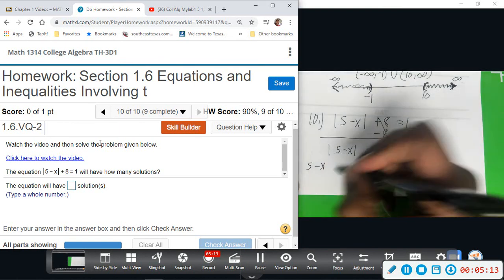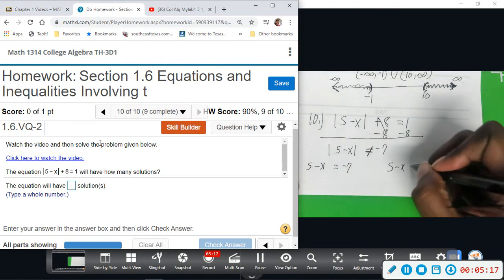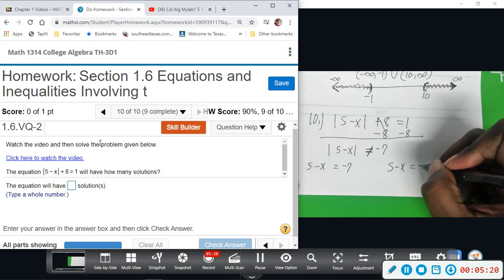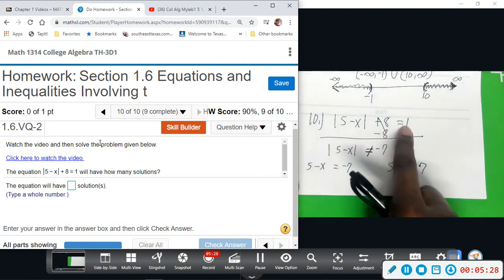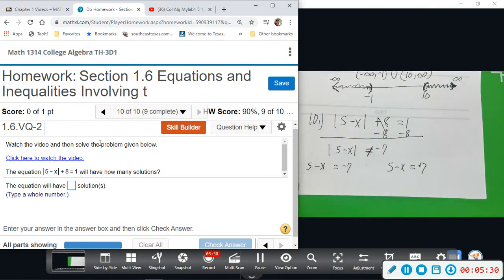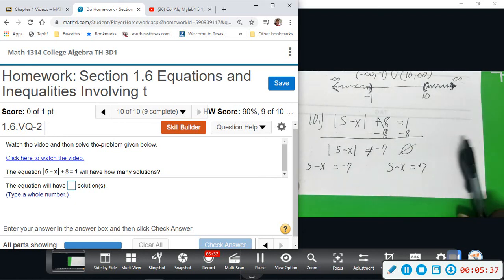So even if you did this, positive 7 this time, it will not work out because absolute value equals positive, and this absolute value is set equal to a negative. Even though it started out looking like it was positive, that we could solve it, once you isolate the absolute value, you have this. There is no solution to this problem.